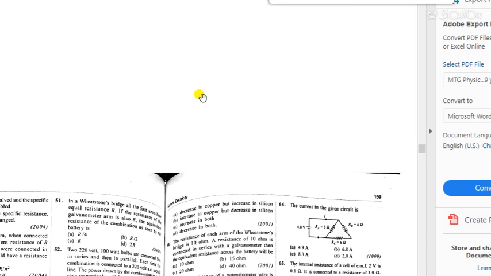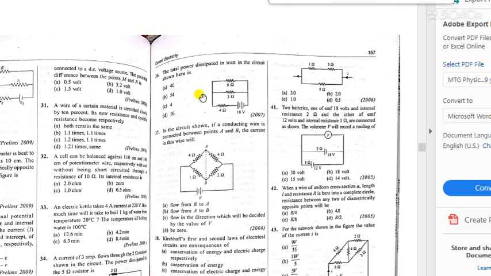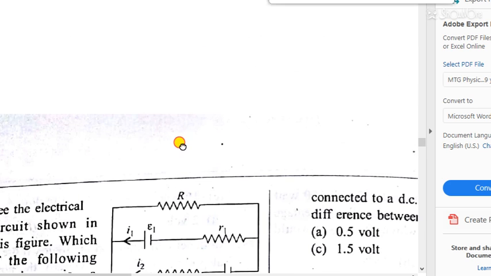You can wait here, students. Wheatstone bridge questions. Resistances. So students, you can see sometimes this question also appears in examination.